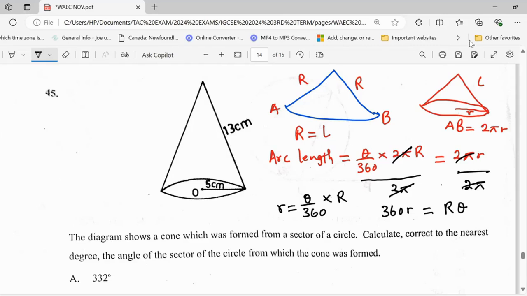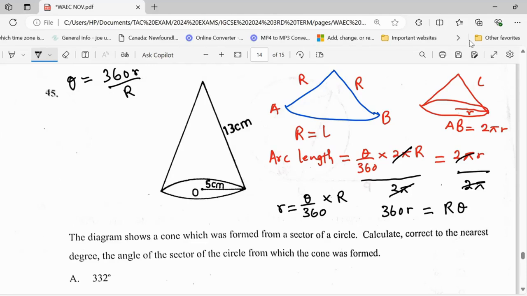So if I make theta the subject, theta becomes 360r over big R. Okay, that is 360 times the radius of the cone over the radius of the sector.